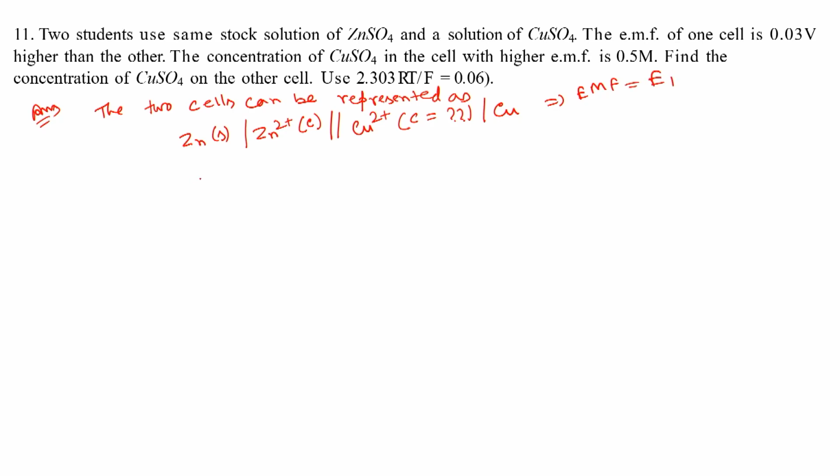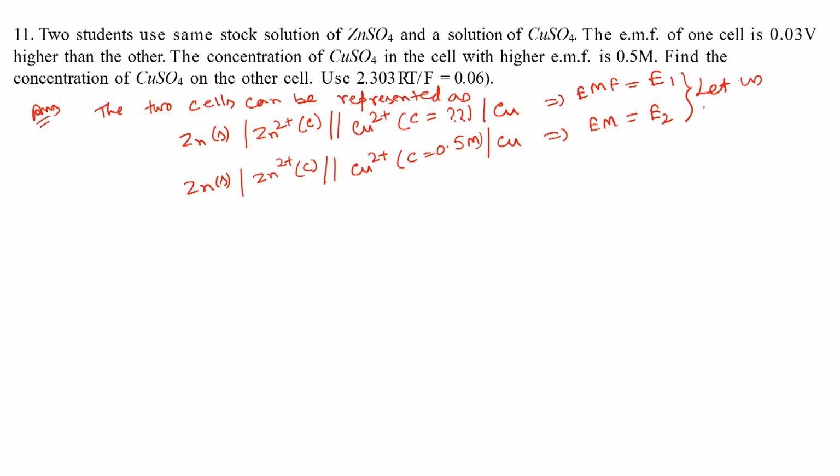Then another cell we consider is Zn, Zn2+ with concentration C, and Cu2+ with concentration 0.5 molar, then Cu, and the EMF we consider as E2. Let us consider.